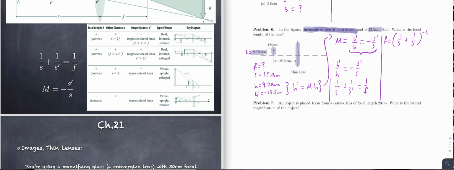And then looking at this equation here, I know that S prime is going to equal minus S H prime over H. So I have F should equal 1 over S plus 1 over minus S H prime over H, all to the negative 1.